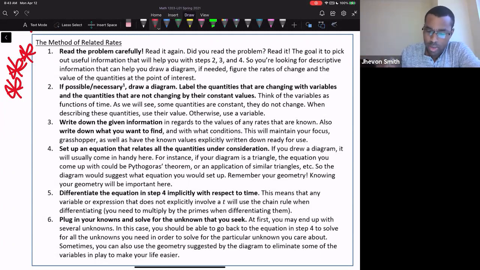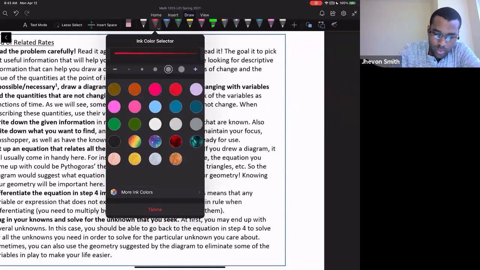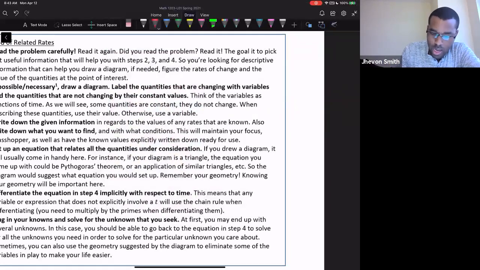I would say the diagram is not necessary if the relationship is given.